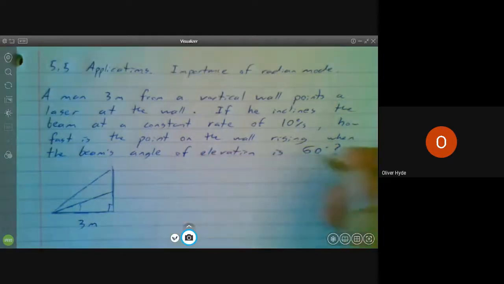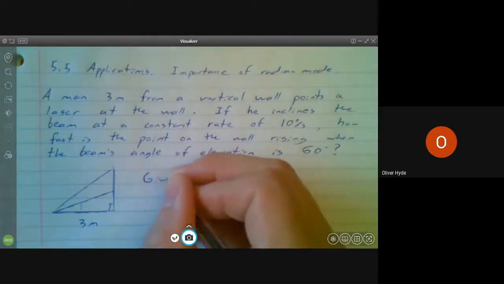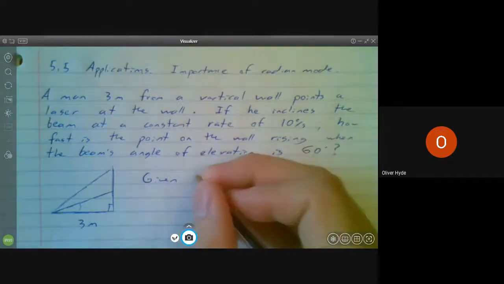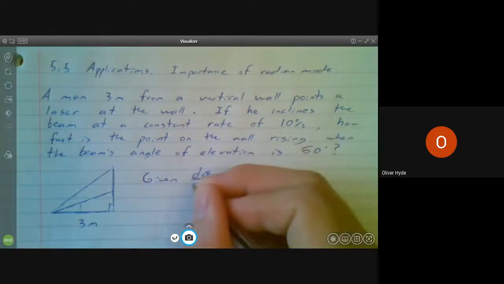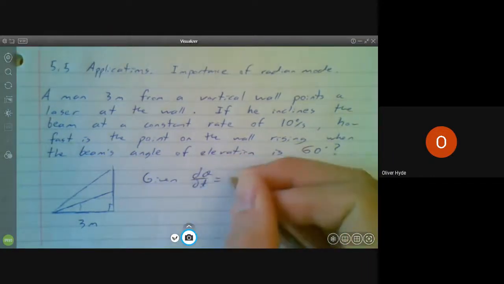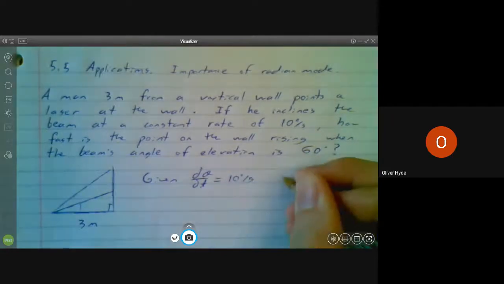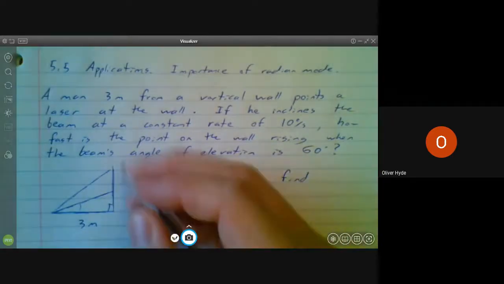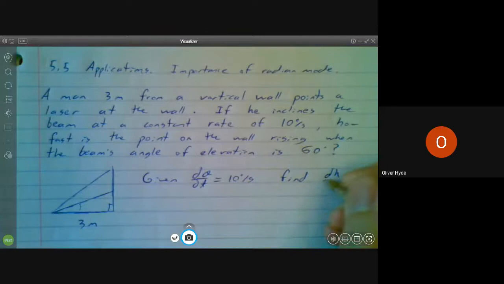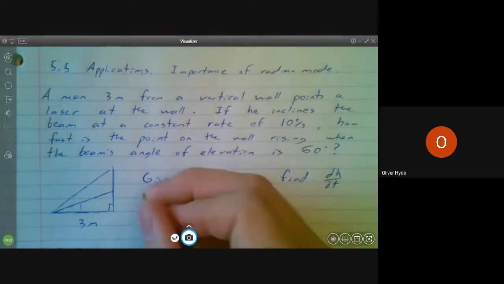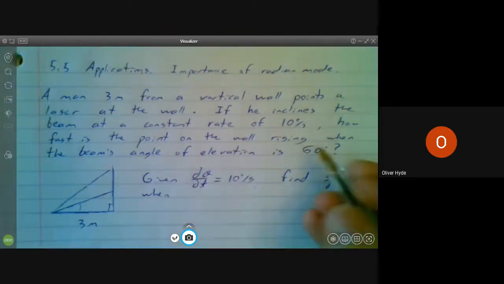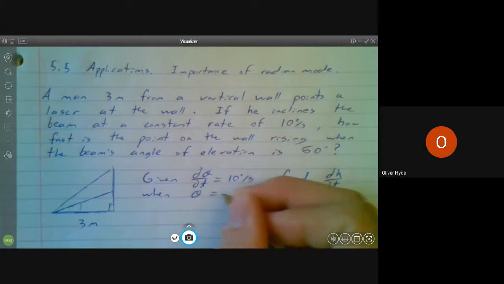I'm seeing this as a related rates question. Looks like I am given dθ/dt is positive 10 degrees per second. I want to find, I'll call this the height, dh/dt when θ is 60 degrees.